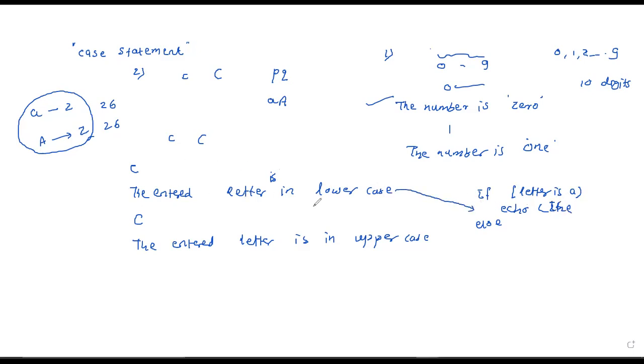You have to write this 26 times. And again, we have 26 capital letters, so you have to write the if else statement 52 times. That will be a very complicated, time consuming process.